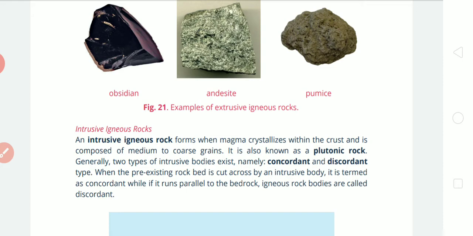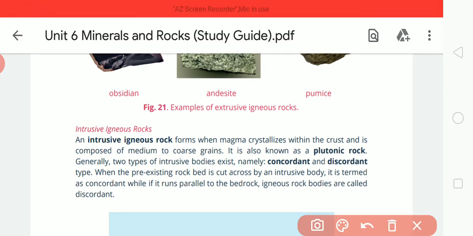That means its formation is underneath the Earth's surface, and it is composed of medium to coarse grains. It is also called plutonic rock. Earlier, the extrusive igneous rock was termed volcanic rock. Here, the intrusive igneous rock is termed plutonic rock.